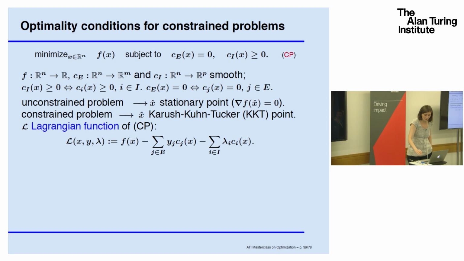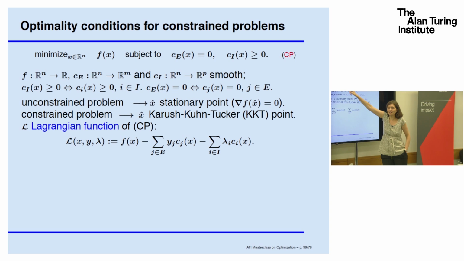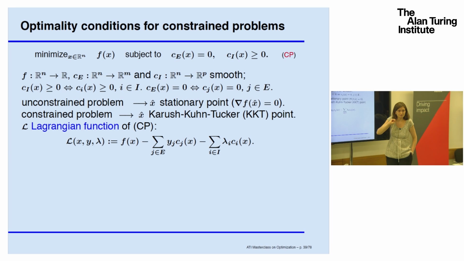Where is that coming from? For every equality here, so c_j of x equals 0, I'm going to multiply it by a y_j, a scalar. For every inequality here, I'm going to multiply it by a lambda_i multiplier. Essentially, these y_j's and lambda_i's will help me look at the rate of change.